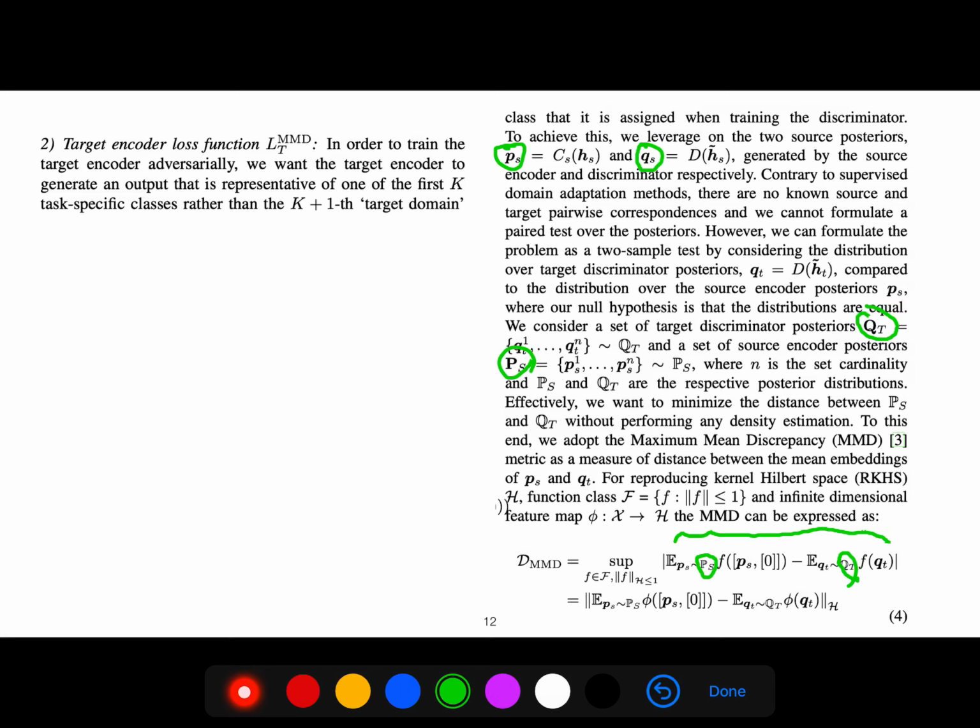To this end, we adopt the maximum mean discrepancy metric as a measure of distance between the embeddings.